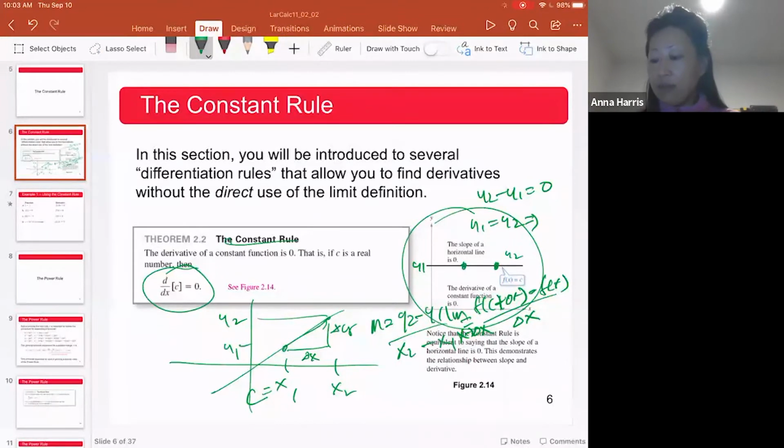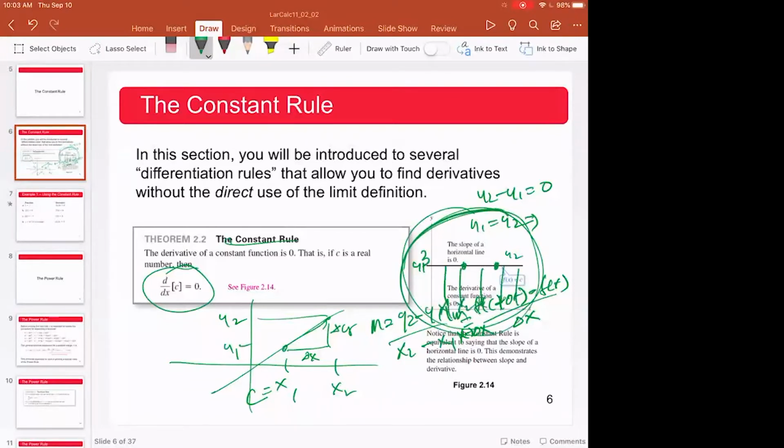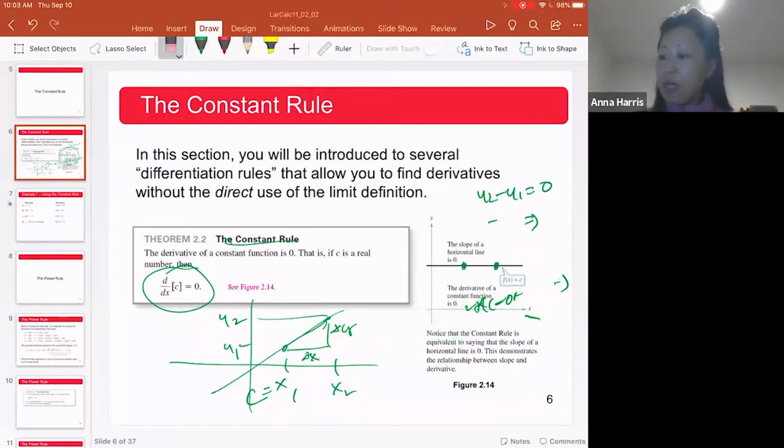Okay, just think about this function right here. Say this is equal to 3. It doesn't matter which x you're looking at.